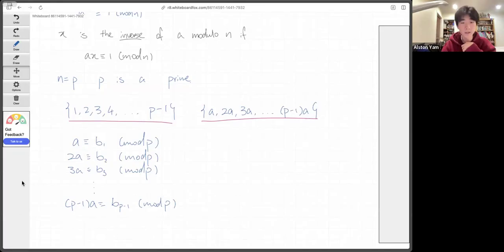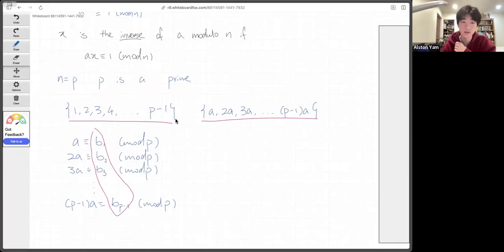So we have p minus 1 numbers of B here: B1, B2, B3, all the way to B(p minus 1). And the claim is that all of the numbers that I have circled here make up the set 1, 2, 3, 4, all the way to p minus 1.